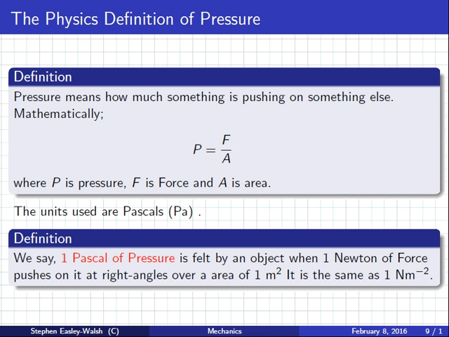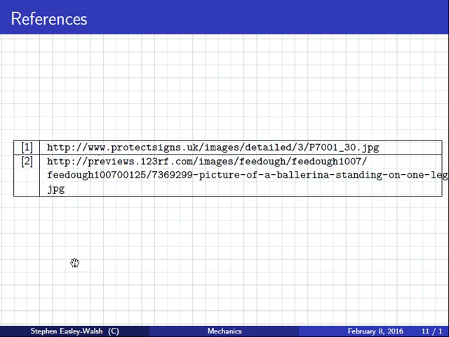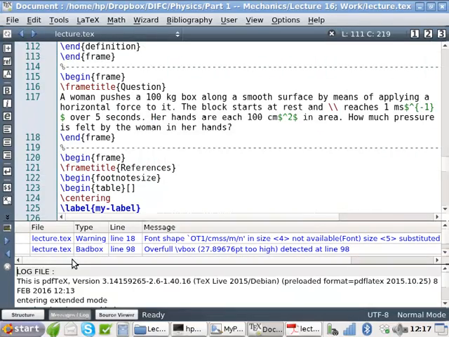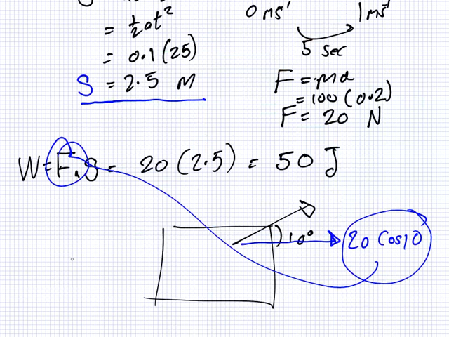Okay. Let's have a look at an example. Basically, this example continues from the last example, except this time I say our hands are 100 centimeters squared.